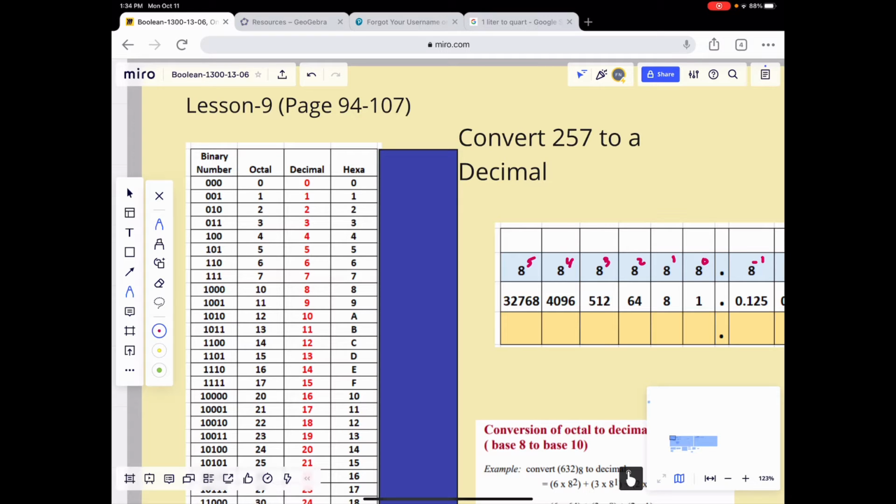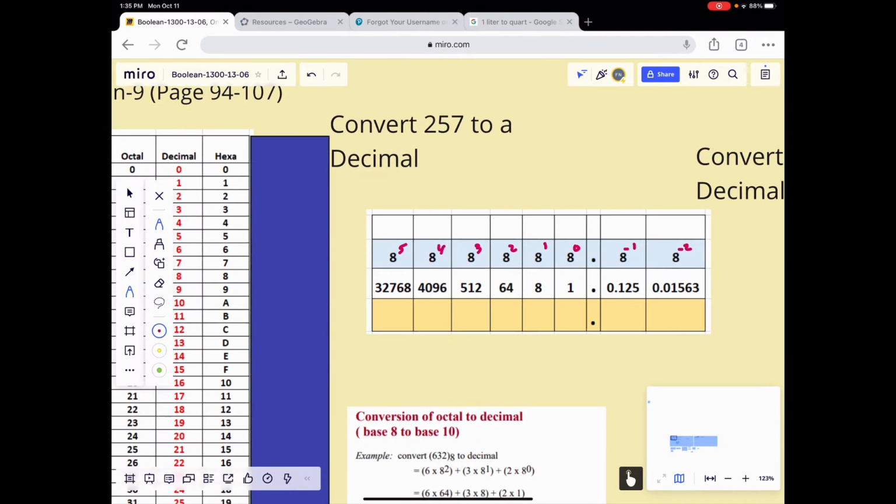Let's talk about the conversion of an octal number to decimal. Let's say you have 257 and you want to convert it to decimal.